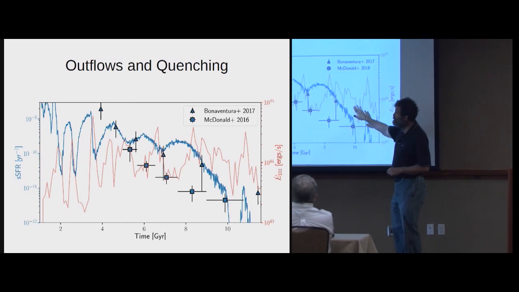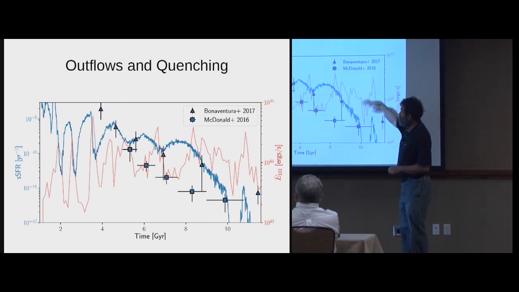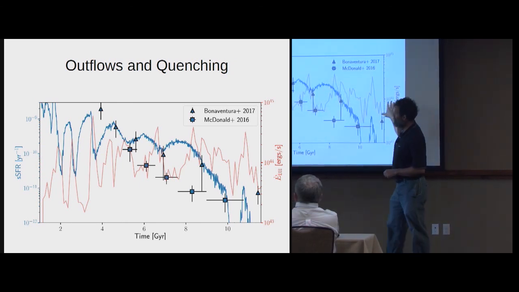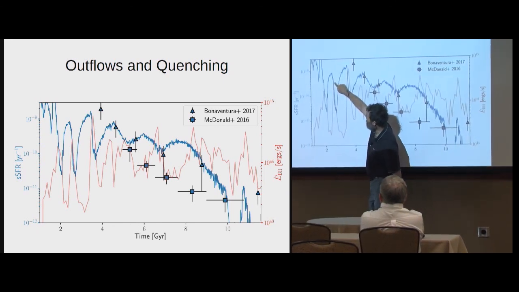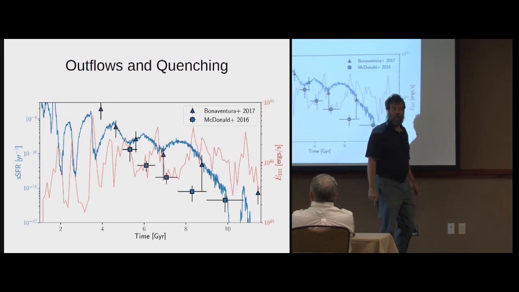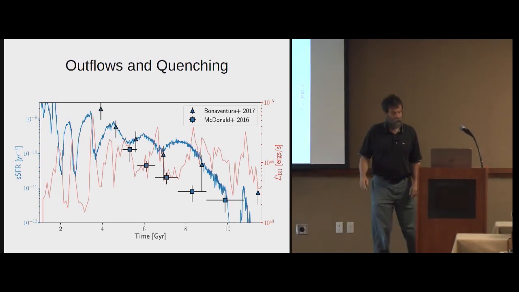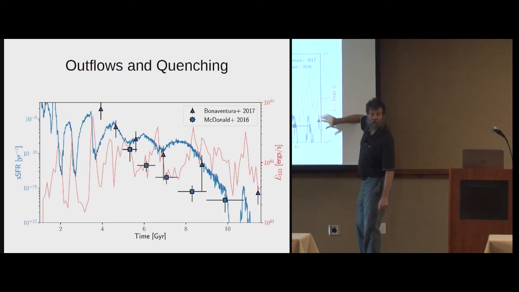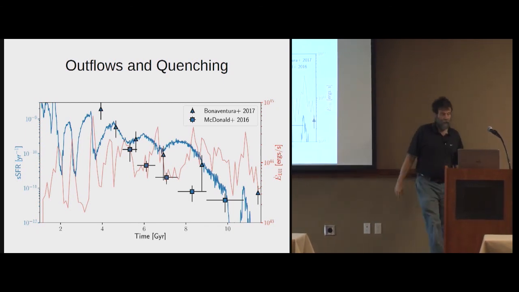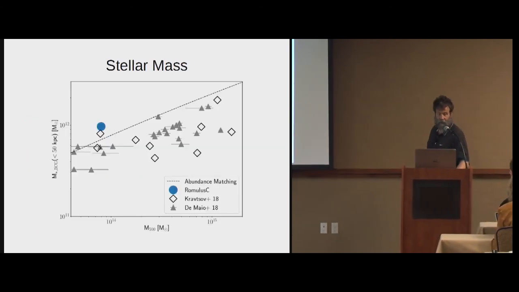So we have the blue is the star formation, the red is the black hole activity, and notice the correlation. As soon as the black hole activity spikes, the star formation cuts, and that happens all the way across time until we get to the end, where star formation shuts down entirely, and we get a red and dead galaxy in the middle of our simulation.